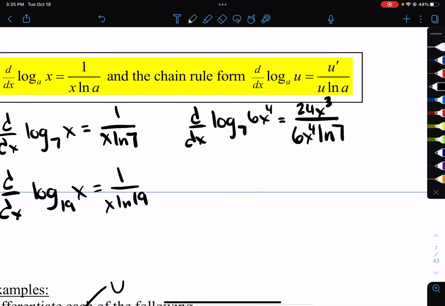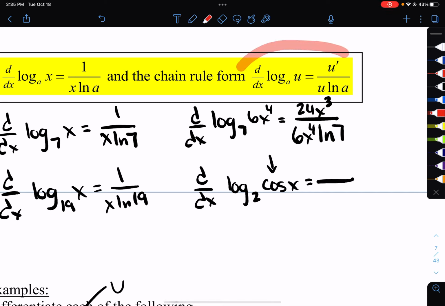Okay, so let's do the derivative of log base 2 of the cosine of x. All right, why not? Well, my formula, if this is not just an x, I've got to use this formula right here. And it tells me on top I need to take the derivative of whatever's inside, which is that cosine x.